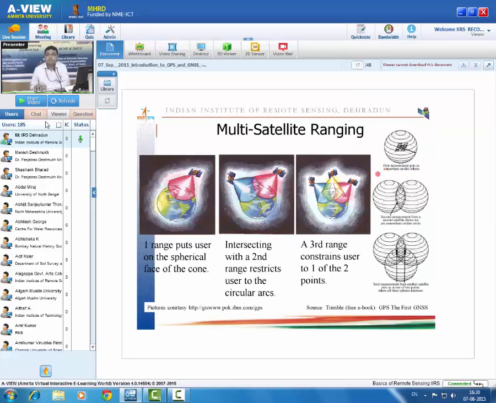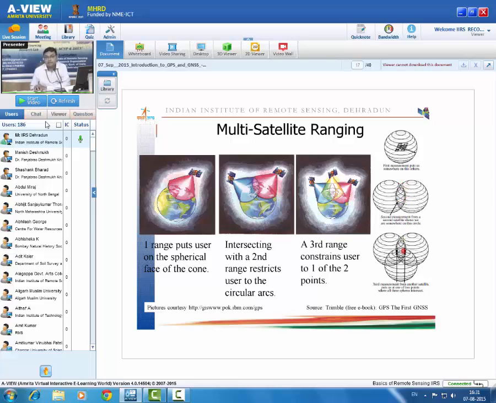How the spheres are being made, let us understand here. The position of the satellite, which is acting as a reference station, is very well known, as you can see at the right top. With the pseudo range, we can create a sphere, and so this is the condition. One sphere we have created. When we get signals from two satellites, we get two spheres which intersect each other. So that means now we are somewhere in this region. When we intersect two spheres, it results in a circle.